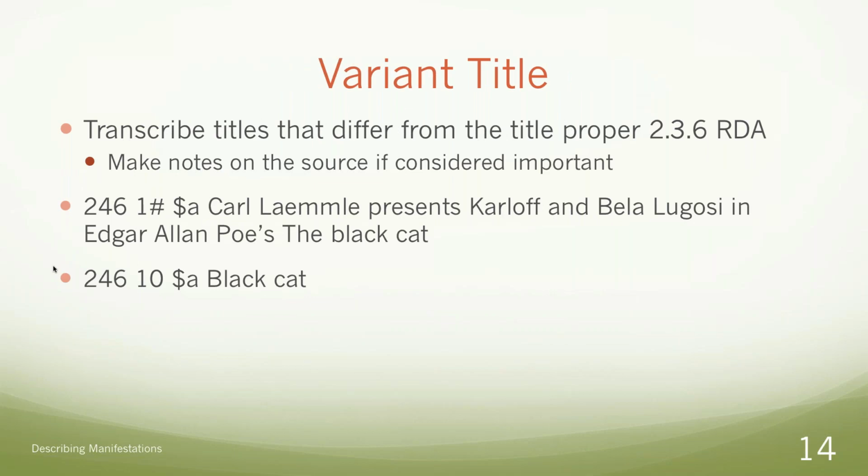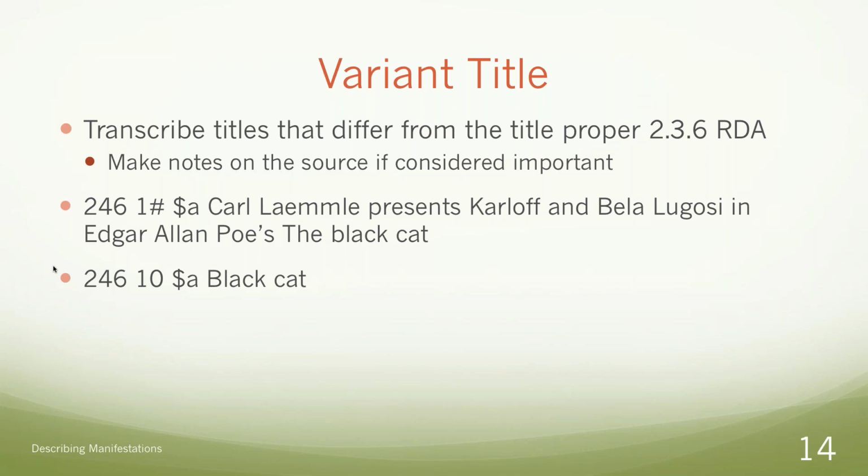So variant titles: transcribed titles that differ in whatever way, as much as is needed. If we look at the Black Cat poster, we can start from the top and use all of the words that we see. Carl Laemmle presents Karloff and Bela Lugosi in Edgar Allan Poe's The Black Cat.